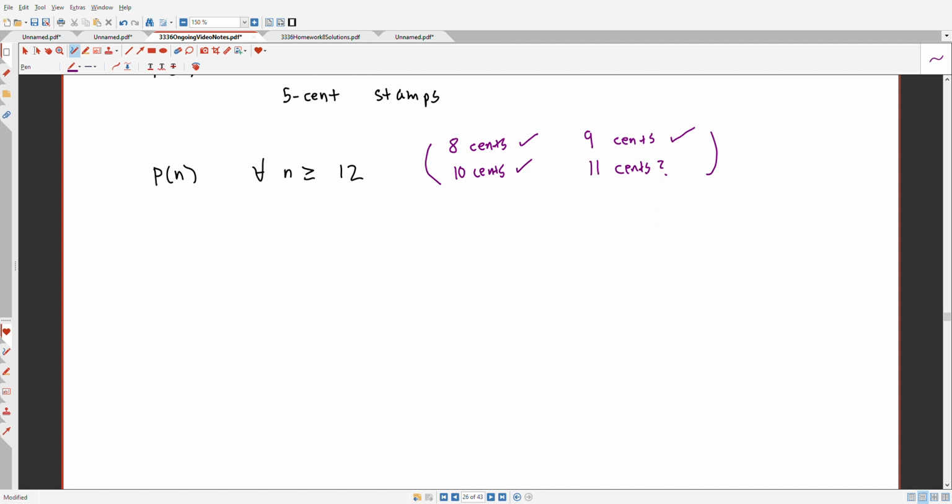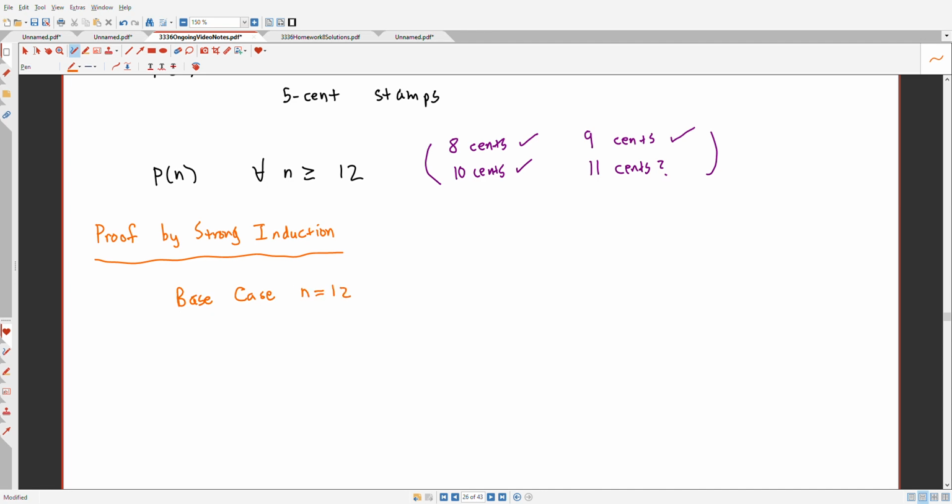So let's prove this, maybe in orange, by induction. Proof. And we'll say by strong induction. So what does this proof by strong induction look like? Well, again, we have a base case. And our base case will be when n equals 12, right?